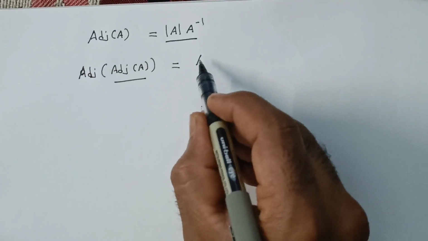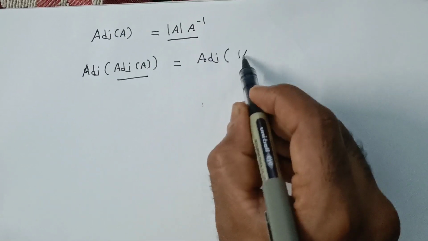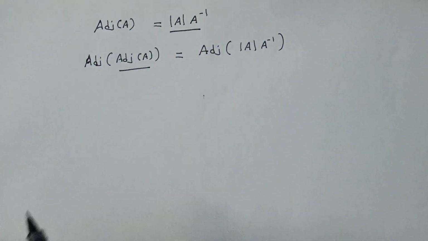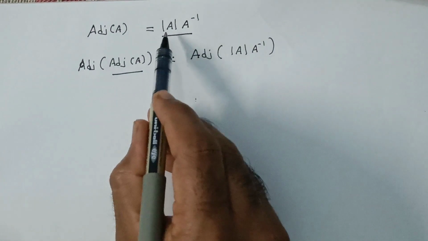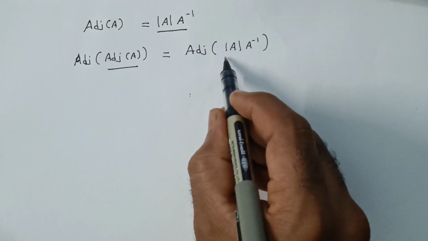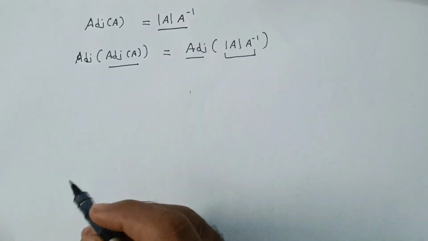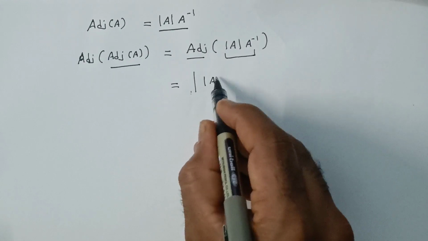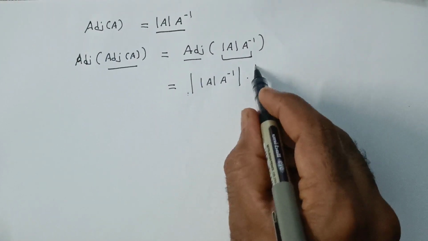That is, adjoint of adjoint of A equal to adjoint of determinant of A into A inverse. We know that for any matrix, its adjoint equal to its determinant into its inverse. So here the corresponding matrix is determinant of A into A inverse, and its adjoint equal to the determinant of the given matrix, determinant of A into A inverse, into its inverse.